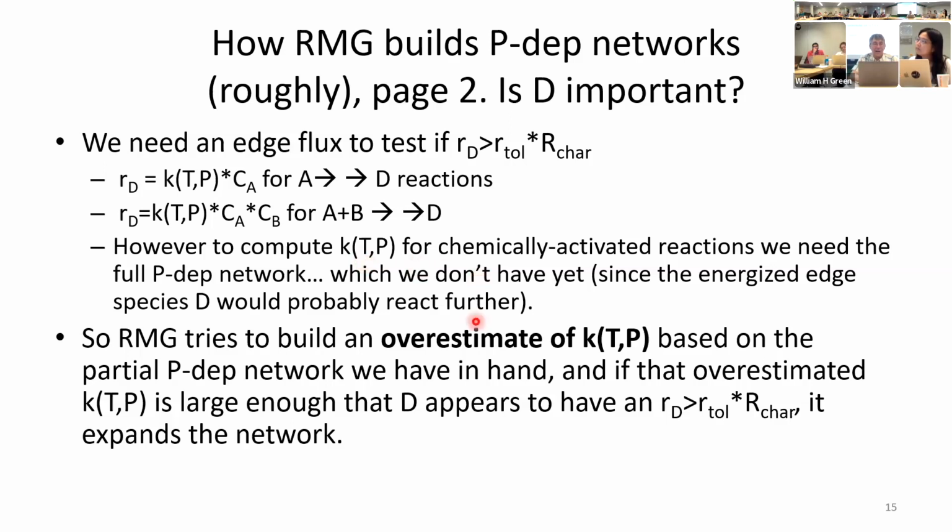So instead I try to build an overestimate of K. And the idea of an overestimate is that if this is still a small number, then I feel safe to completely ignore it. And I can cross this reaction out and I don't have to worry about it. So then there's a whole rigmarole about how I'm going to construct an overestimate of a rate coefficient that I can't actually compute yet. But we figured out a way to do it.